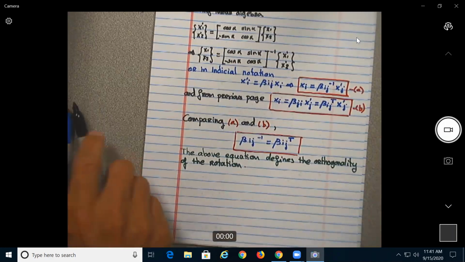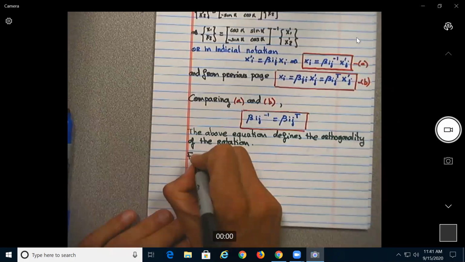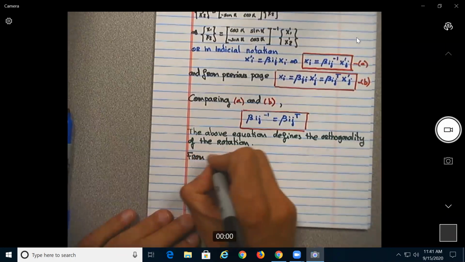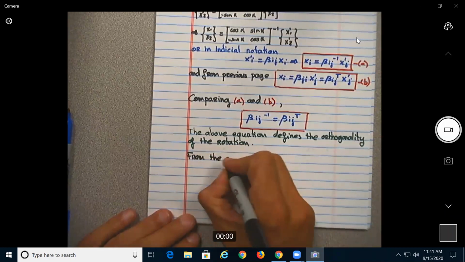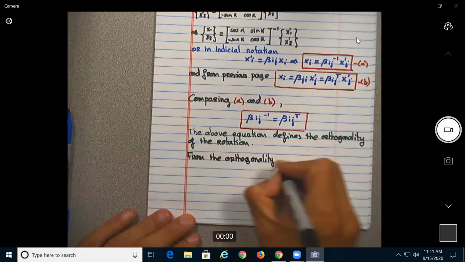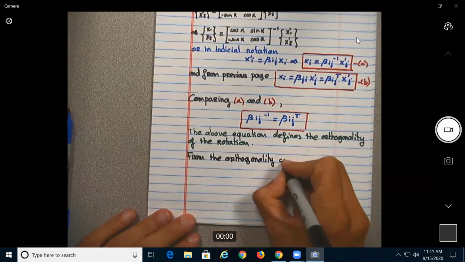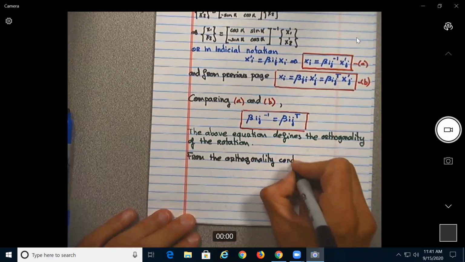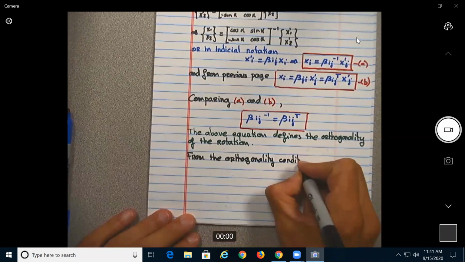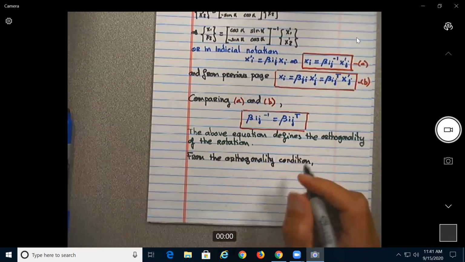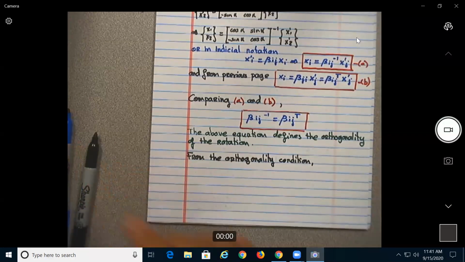So from the orthogonality condition, let me first write it down in general form, and then I do a matrix form.